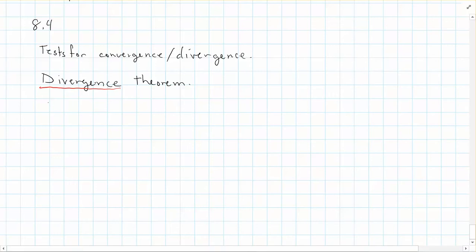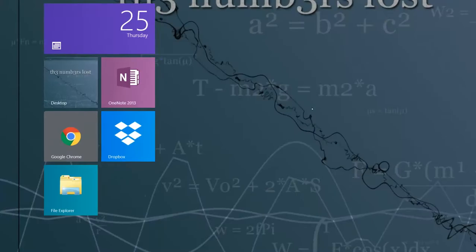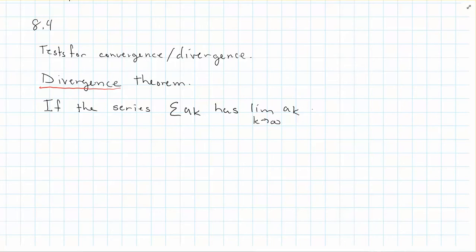So basically it says if the series sum of a sub k has the limit as k goes to infinity of a sub k not equal to 0, then the series diverges.